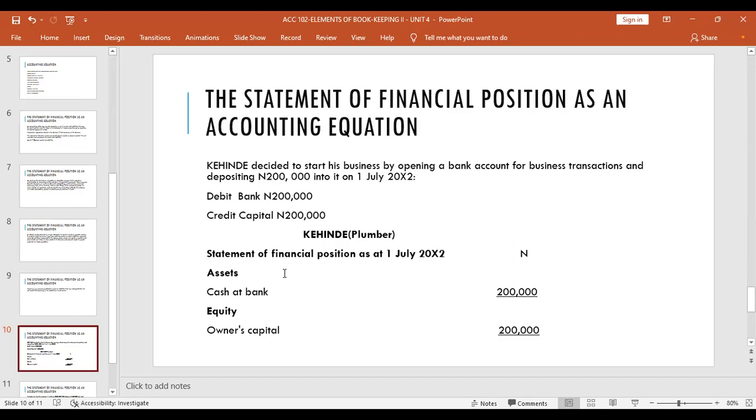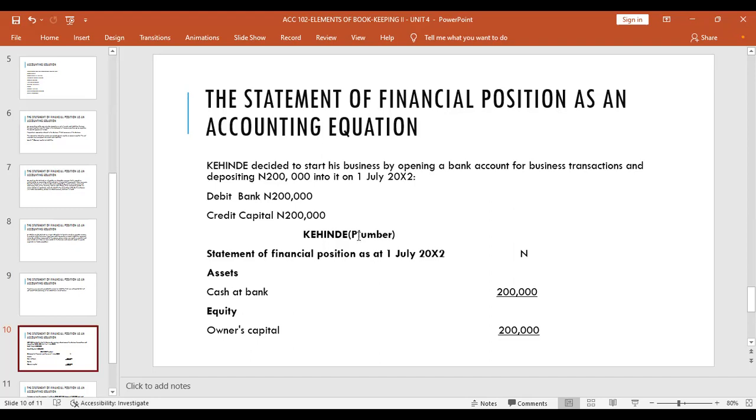Now, those rules are very, very important. I will talk more about other rules later, expenses, reserves, purchases, and the rest of them. But for now, let's limit ourselves to assets and capital. So we have introduced 200,000, which means you need to credit the capital account because the capital account has increased by 200,000, and debit the bank account because the asset of bank has also increased.